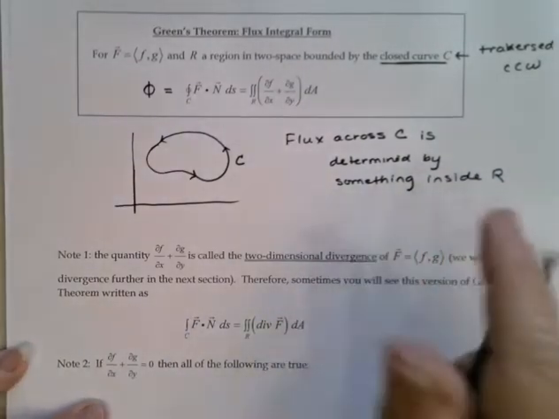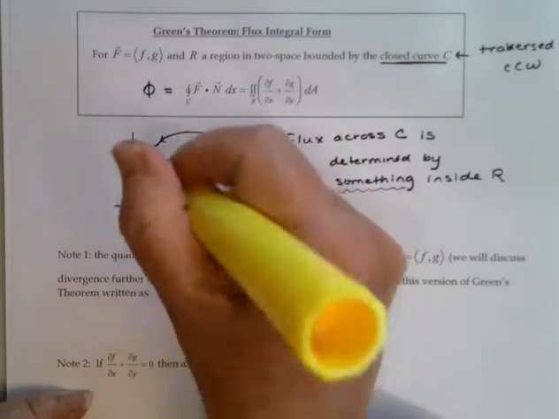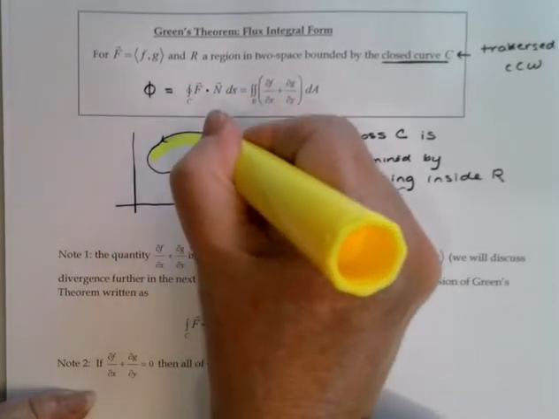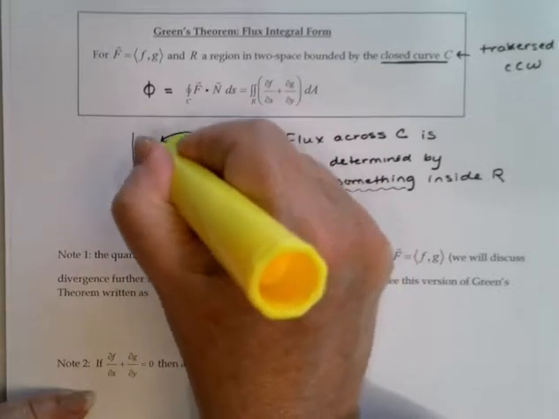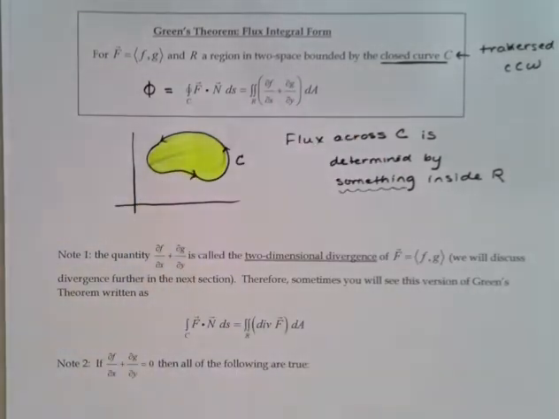But again, ultimately, the flux across the boundary, something that's happening on the boundary, gets determined by something that's happening inside the region R.